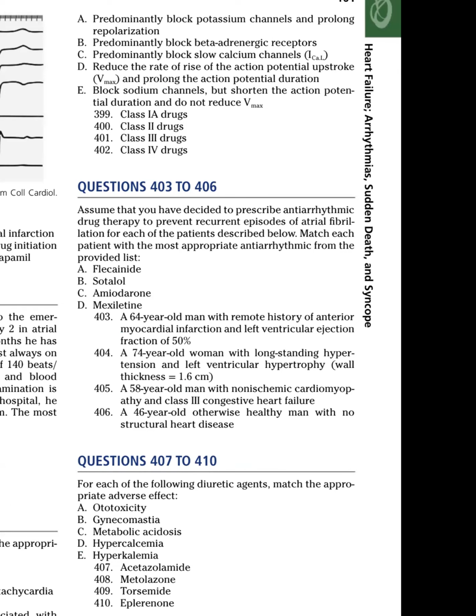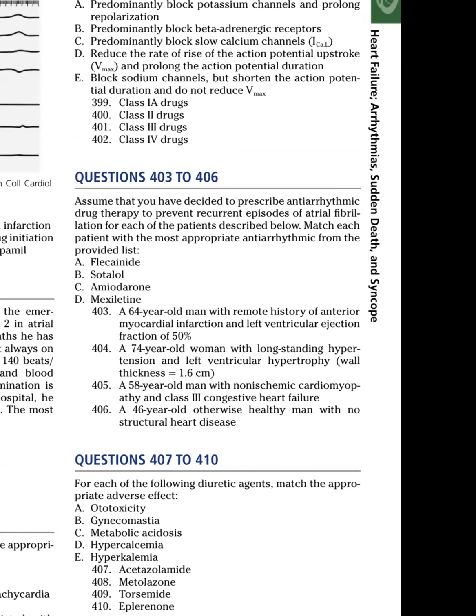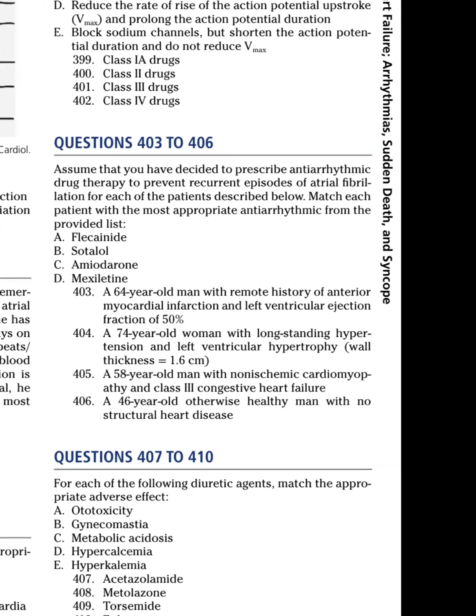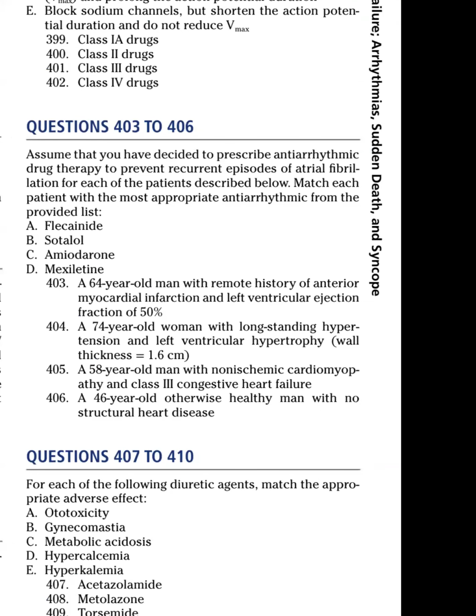So question 403 to 406. Assume that you have decided to prescribe antiarrhythmic drug therapy to prevent recurrent episodes of atrial fibrillation for each of the patients described below. Match each patient with the most appropriate antiarrhythmic from the provided list. So we have A, flecainide, B, sotalol, C, amiodarone, and D, mexiletine.